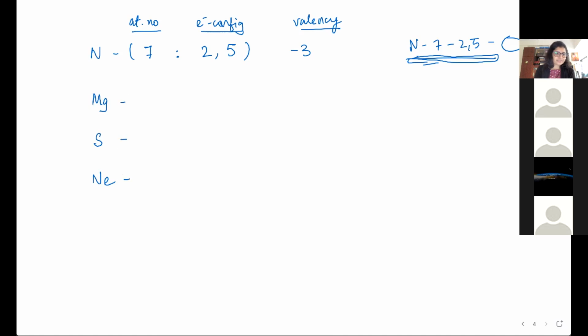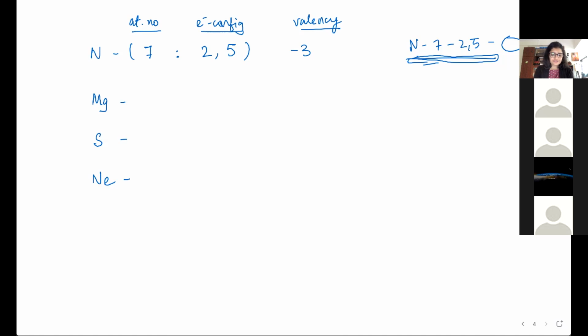Samriddhi got it, Ashka got it, magnesium. Nice. Samriddhi and Ashka have aced this. So quick. Guys, catch up. Samriddhi got it for sulfur also.